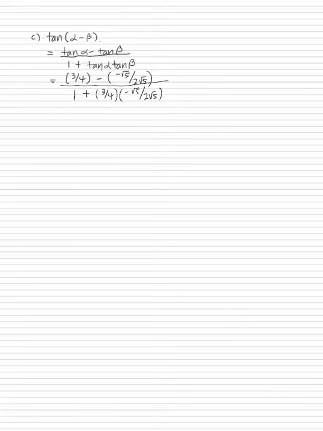Okay, looks ugly, but let's simplify a little bit. So this is 3/4 now plus, I could cancel the root 5 on the top and the bottom, so this is just going to become 1/2. Whole thing over 1 plus 3 over 4, and this is going to become negative 1/2.